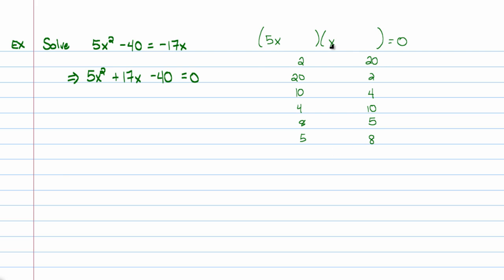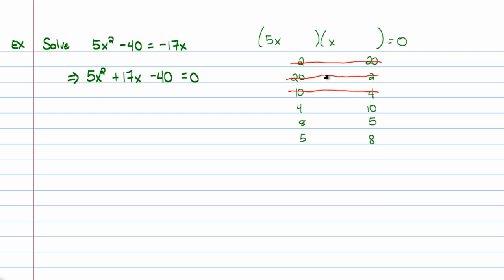That's just 2, so 100 and 2 cannot be combined to get you to positive 17. So that one is definitely out of the running. 5 times 2 is 10, and then you have a 20. A 10 and a 20 cannot be combined in any form or fashion to get you to a 17. 5 times 4 is 20, and then we have a 10. Well, those can't be combined to get to 17.